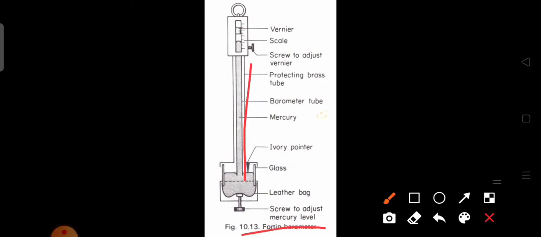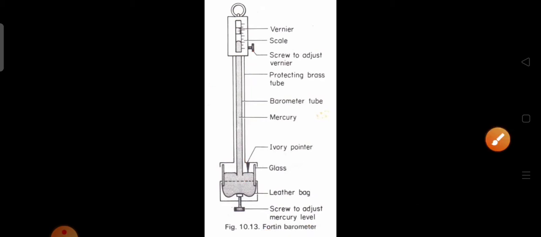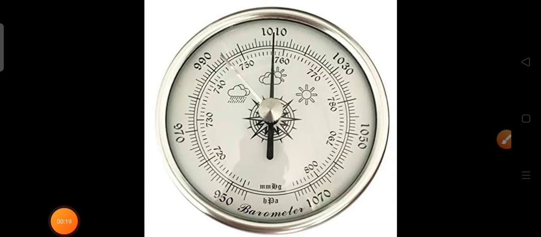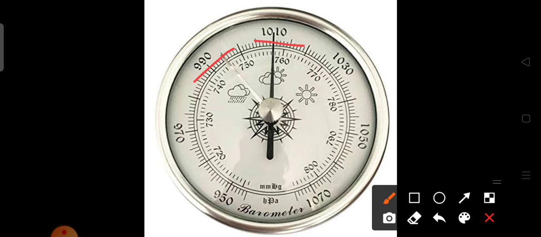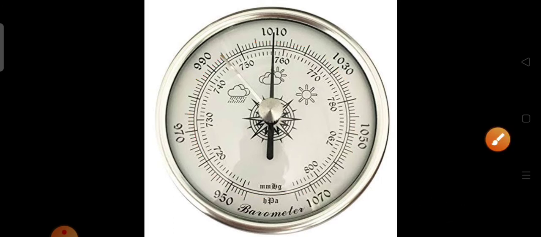Here is the mercury level, and here the scales are given. After reading the scale, we learn the atmospheric pressure from Fortin's barometer. And this is the aneroid barometer, from which we can get the readings in millibars. So this is how these two instruments are used.